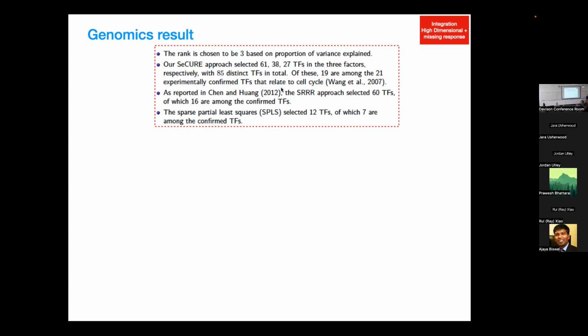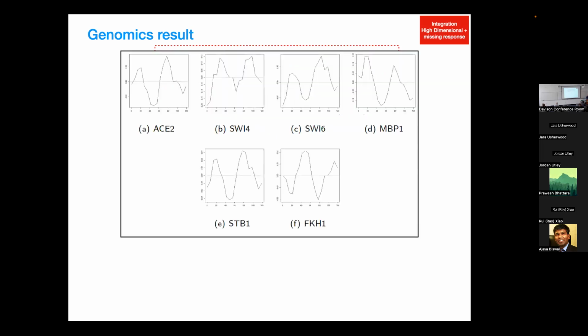Compared to the existing statistical approaches that in principle could have done this, we performed better in terms of prediction accuracy, but also qualitatively, we identified more transcription factors that in principle affect genetic expression.